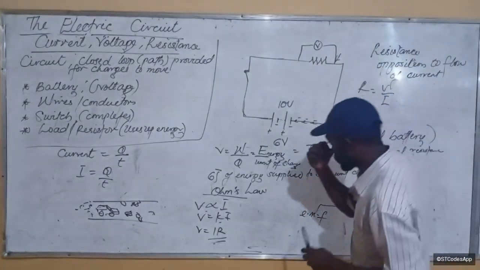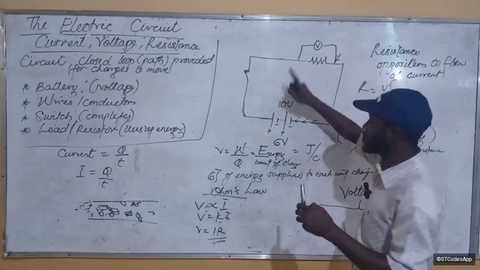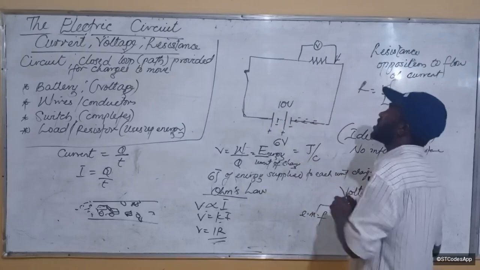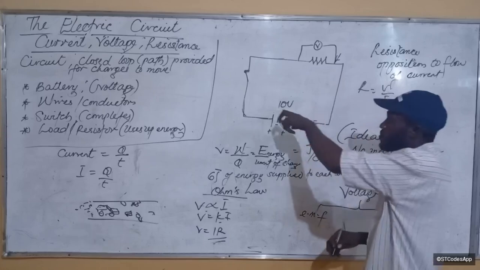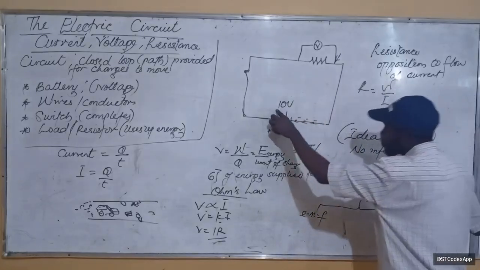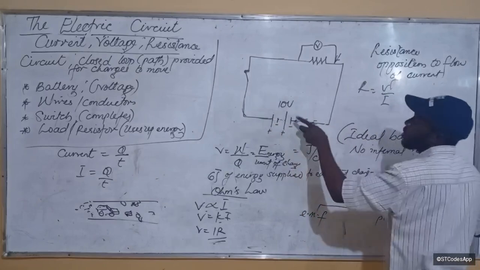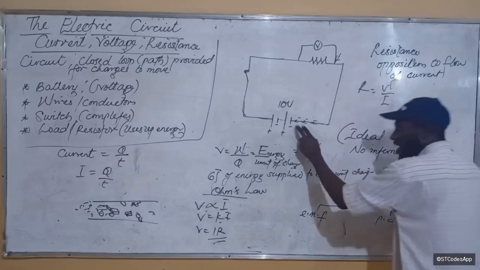So it means that all of those electrons, as they flow past in this direction, will lose, for example, if it is a 10-volt battery here, for an ideal battery, this 10-volt rating means that it will give each electron 10 joules of energy per charge.